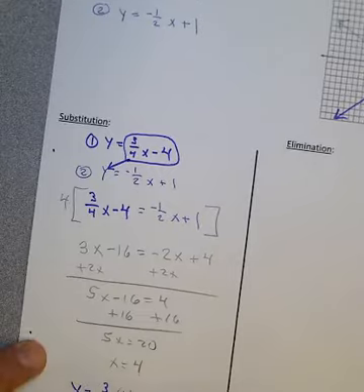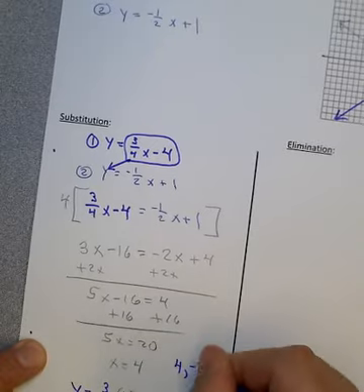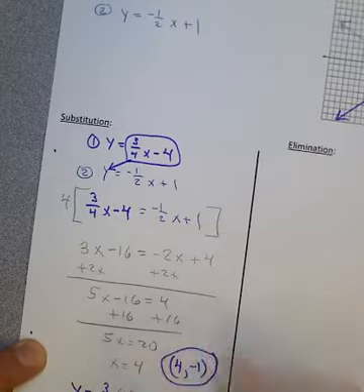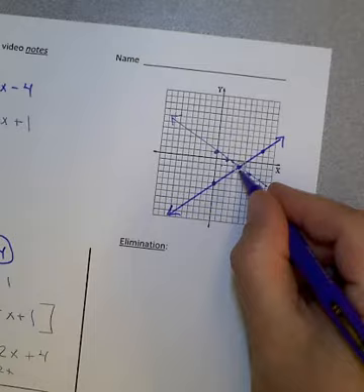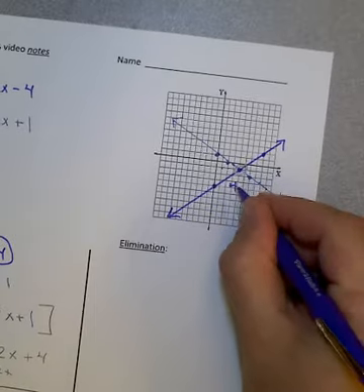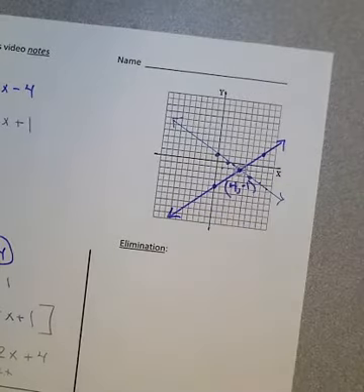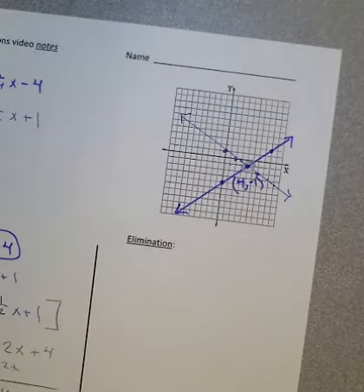The 4's cancel, so y equals 3 minus 4, negative 1. So the point is 4, negative 1. Just like the point up here, 4, negative 1. Of course, if we do something a different way, we should still get the same answer.